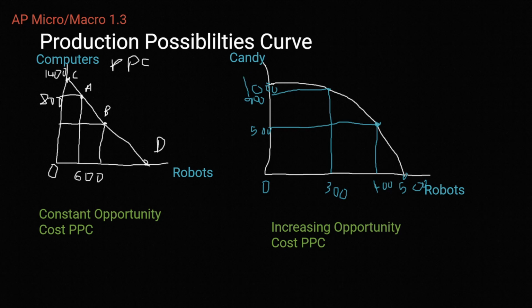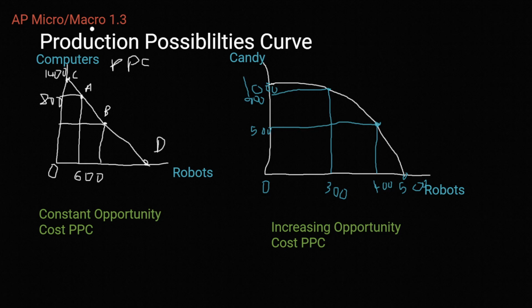And that is what generates this bowed outward shape. Technically you can have a decreasing cost thing, but you're never going to see it. So we're not going to talk about it because that wouldn't ever be applicable to the real world.